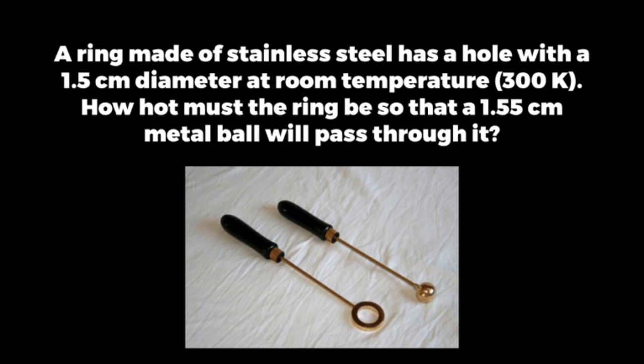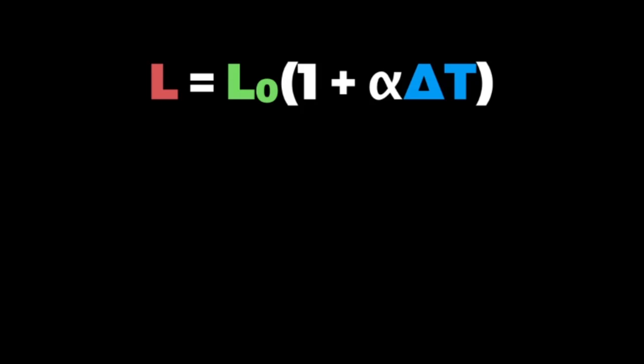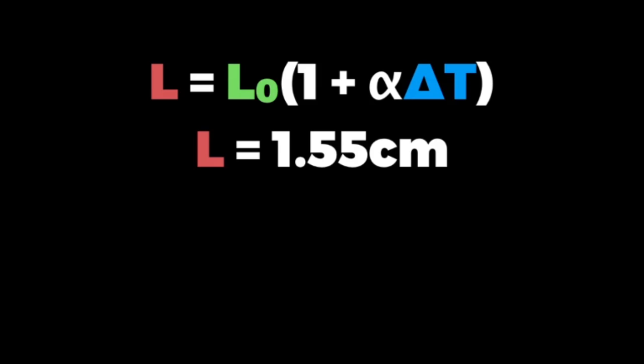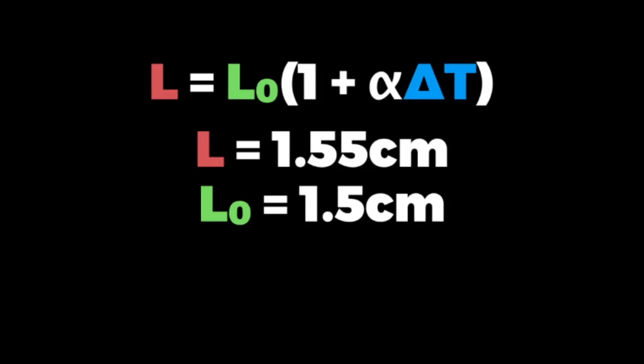Well, since we're talking about linear distances and diameters, we're going to have to use the formula for linear expansion. And this is the equation. Now we know that the diameter of the ring, in order for the ball to be able to pass through, is equal to the diameter of the ball, 1.55 centimeters. And we know that the initial value for the diameter of the ring is only 1.5 centimeters.